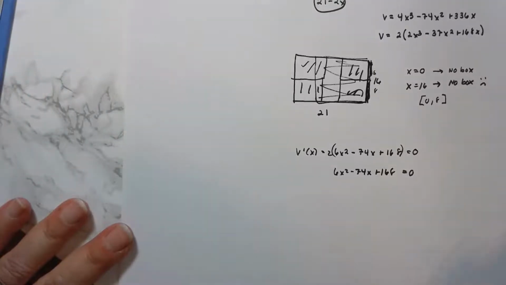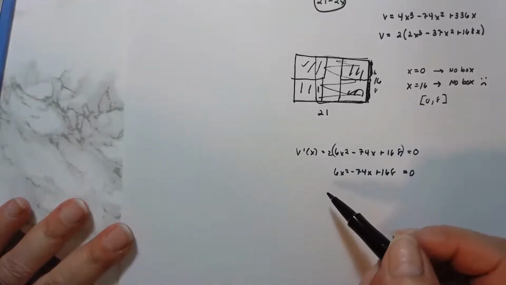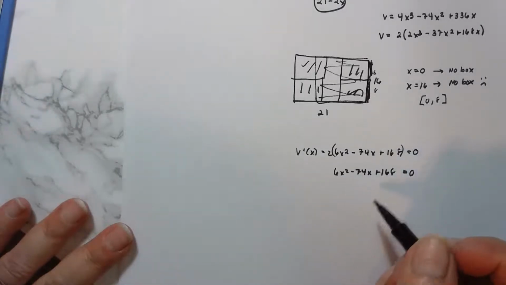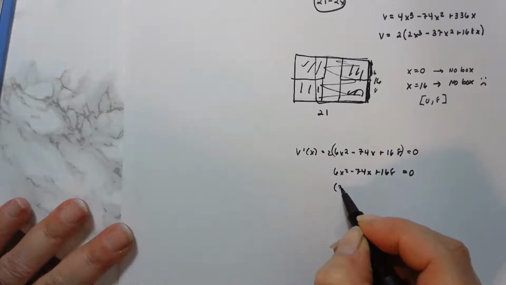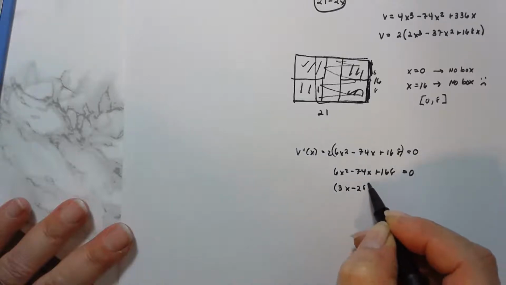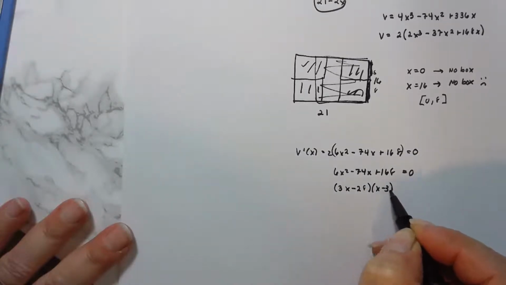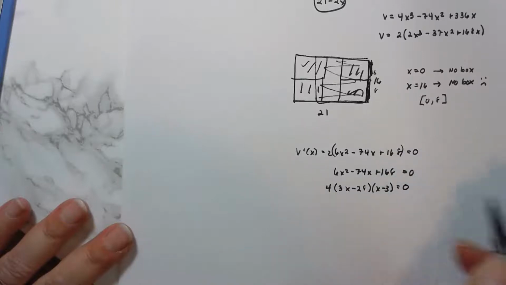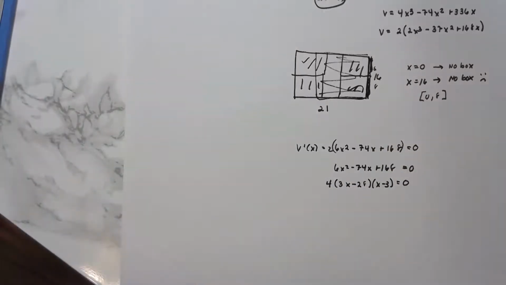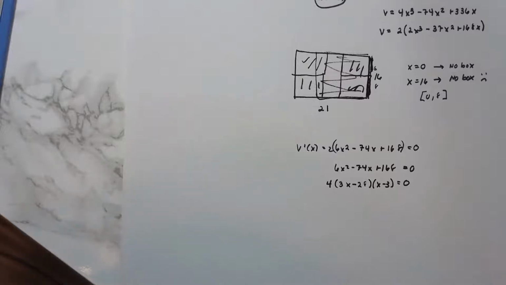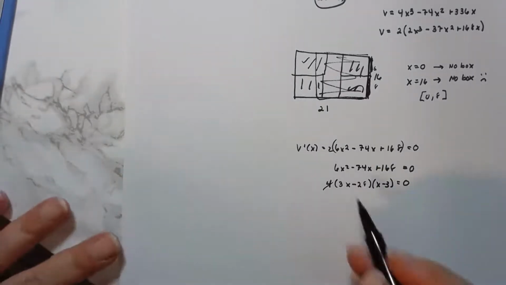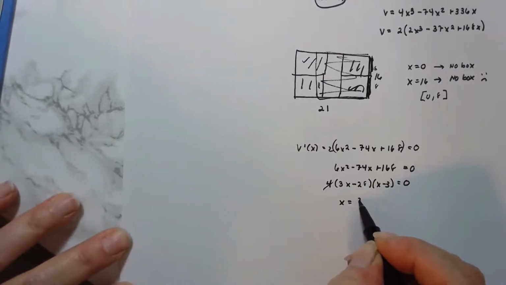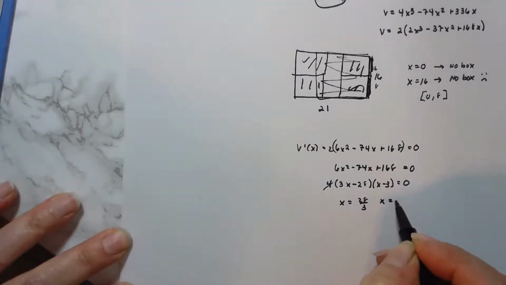And I can factor this. So we can factor this to, let's see, 3x minus 28 times x minus 3 times 4. I'm cheating. I'm just using the book, so I didn't have to waste time factoring. And again, if I divide both sides by 4, that 4 is going to go away. So what I'm left with is x is 28 thirds and x is 3.